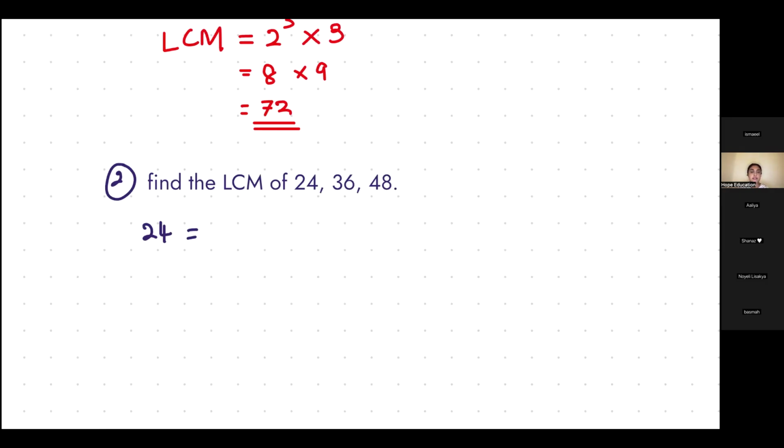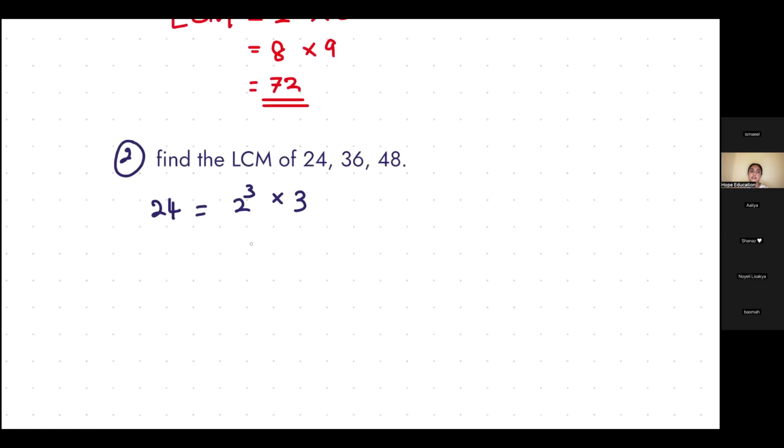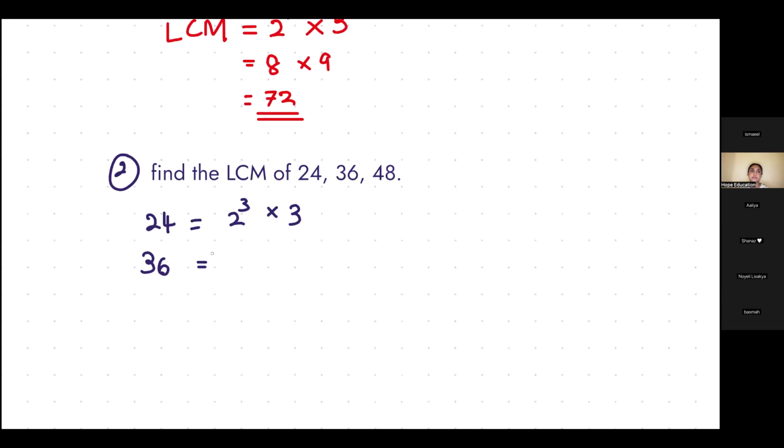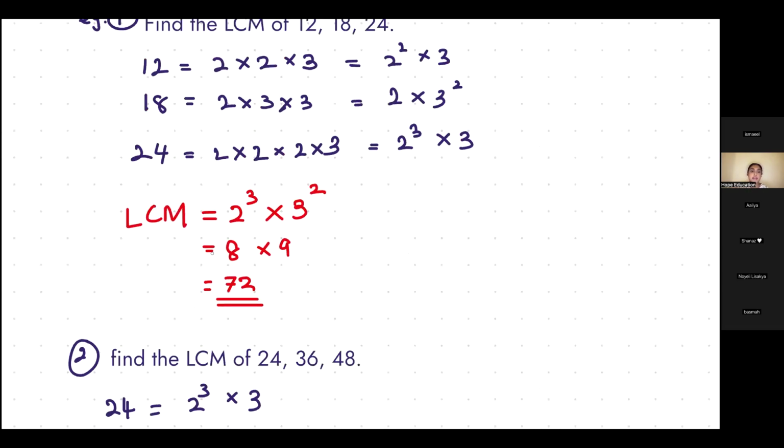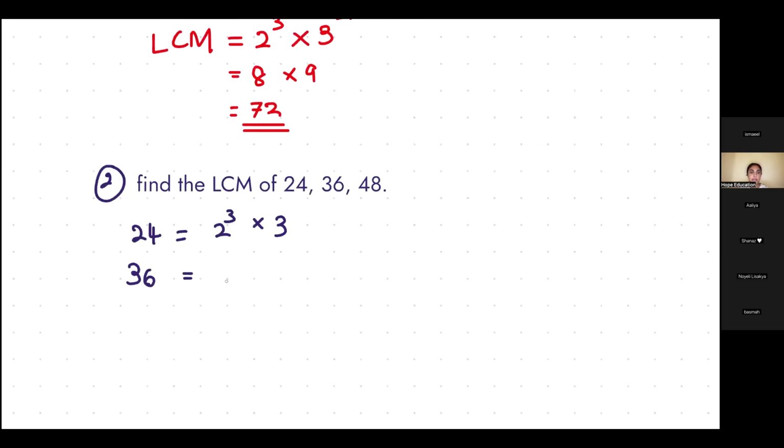Okay, I'm just gonna start. 24 is 2 times 2 times 2 times 3, right? That means 2 to the power 3 multiplied by 3. In case it's confusing, you got it right.